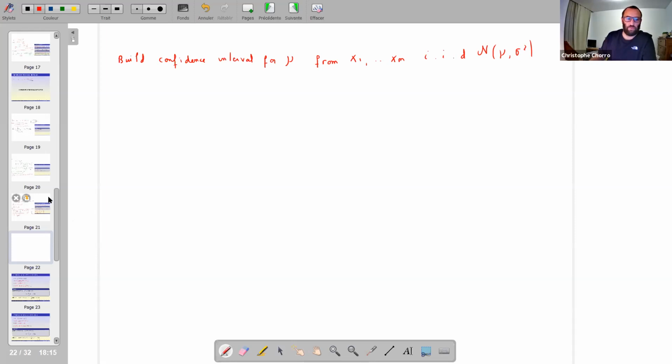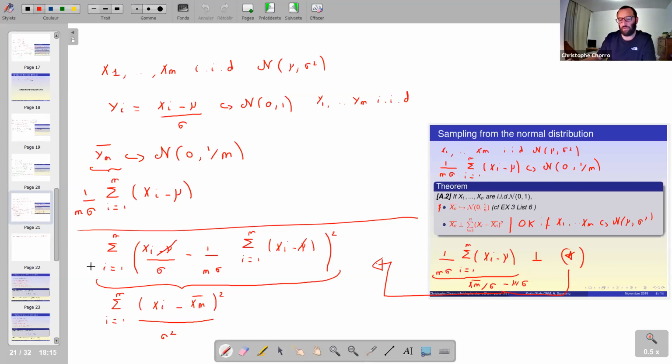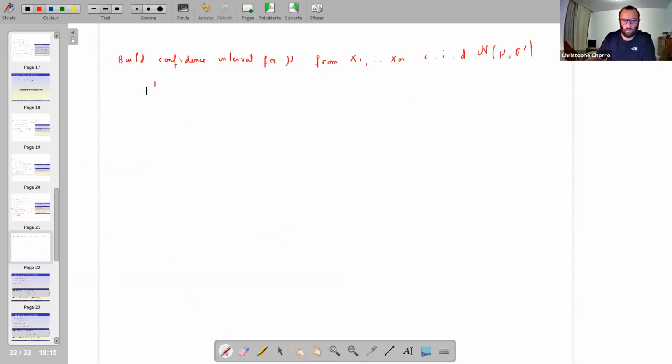And the idea is to use what I have done just before, that is, to use this result here. So I know that (1 over n sigma) times the sum for i equal to 1 to n of (Xi minus mu) follows N(0, 1 over n), implying in particular that if I multiply this quantity by the square root of n, I obtain N(0,1).